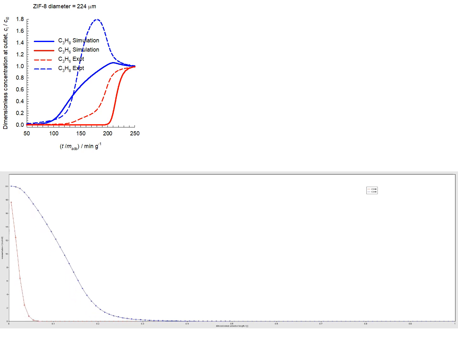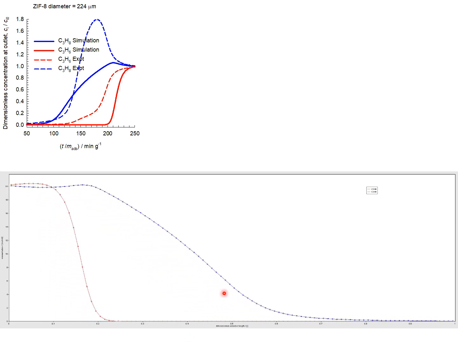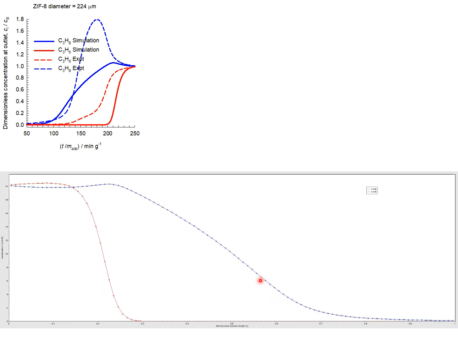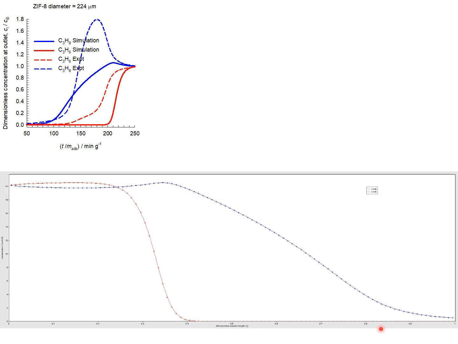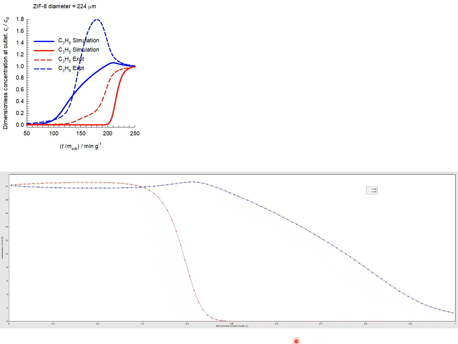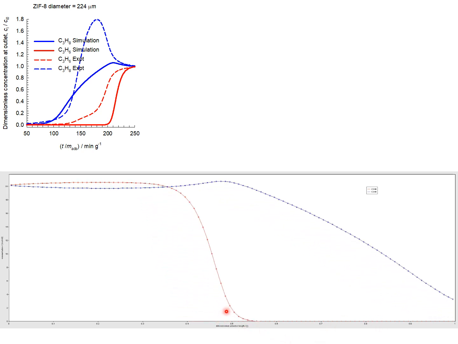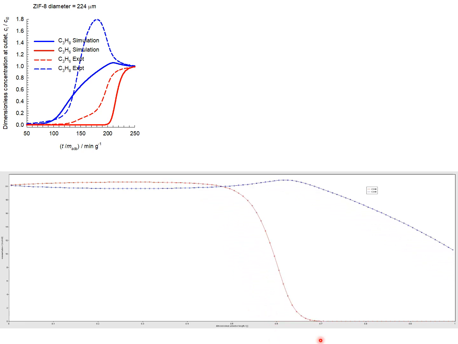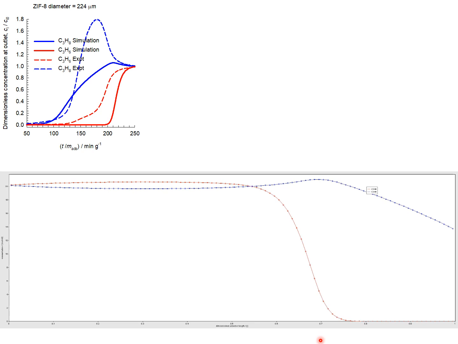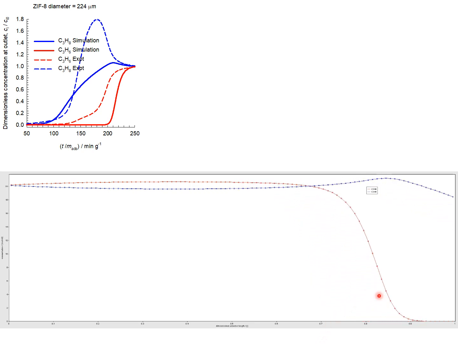The diffusional resistances are significantly higher, and the breakthrough of propane, which is shown by the blue line here, occurs significantly earlier than the breakthrough of the unsaturated propene. That is shown by the red line.